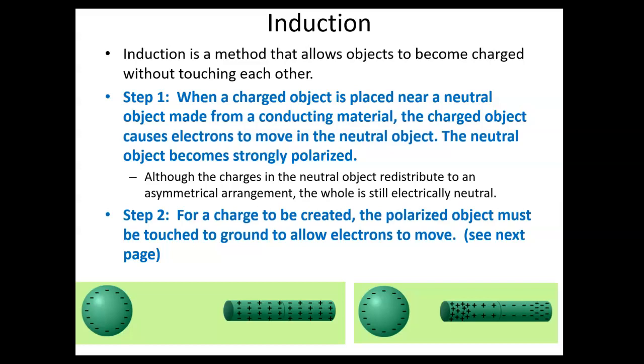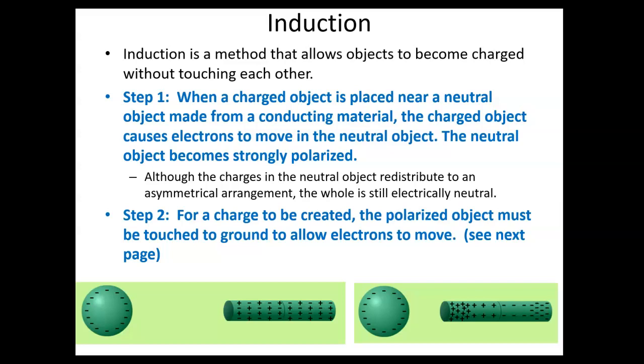You see that on the left. But when the sphere comes close to the rod, it becomes strongly polarized. Its freely mobile electrons are repelled by the negatively charged sphere, and so they migrate to the far side, to the right-hand side of the rod.